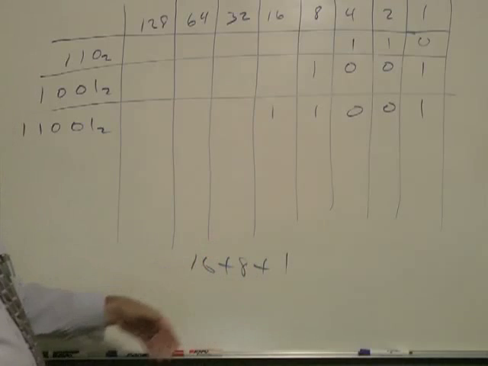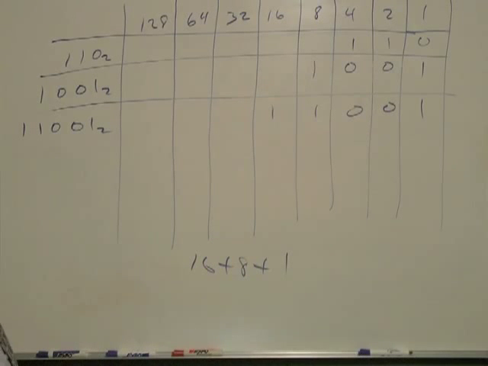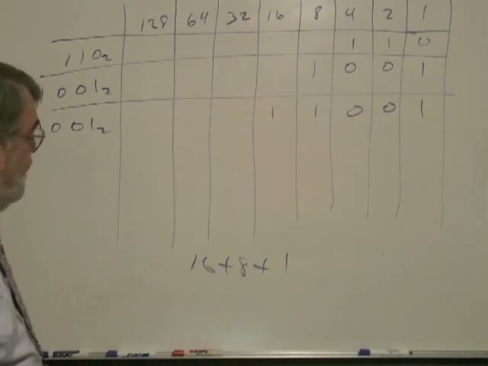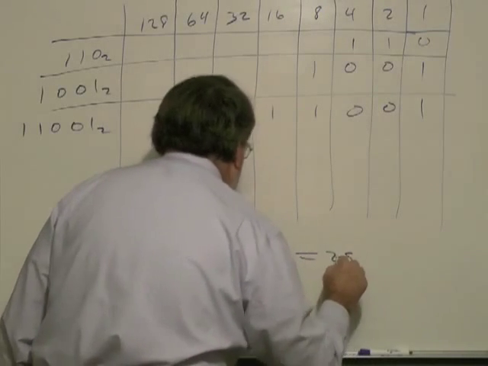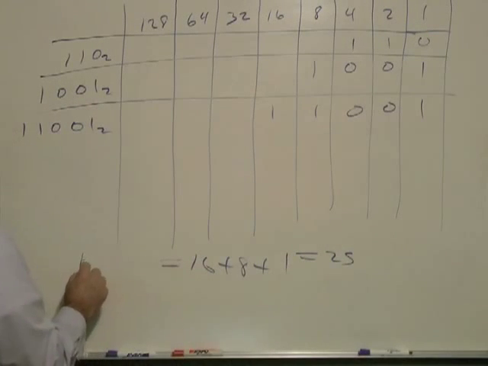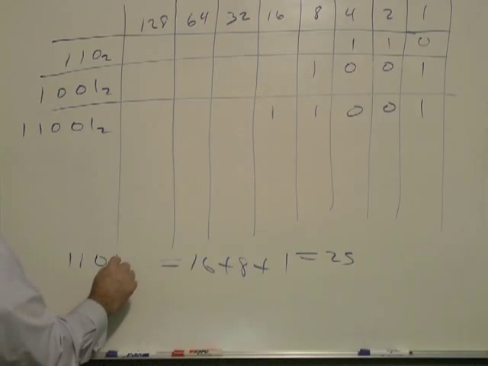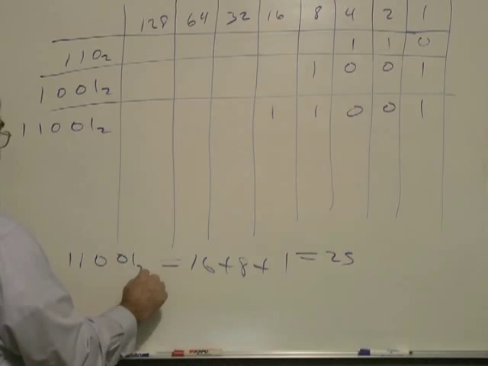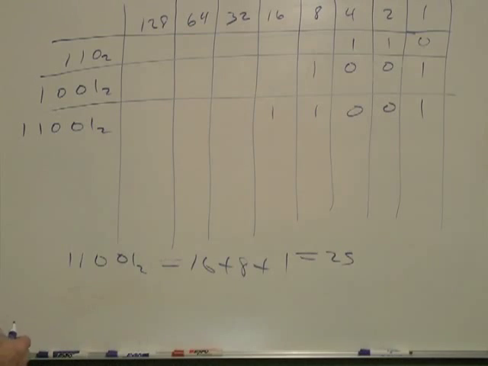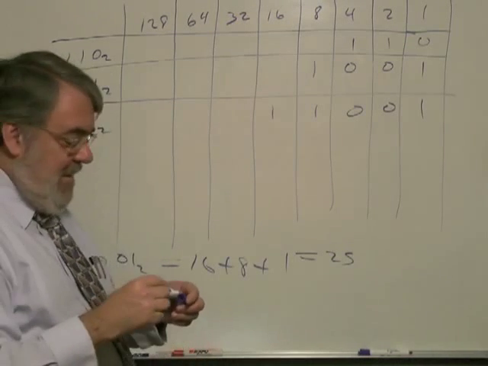So I'm going to leave out the zeros there, but 16 plus 8 plus 1, which would be 25. So 11001 base 2 will be the number 25. All right.